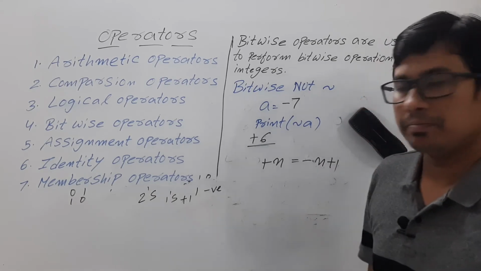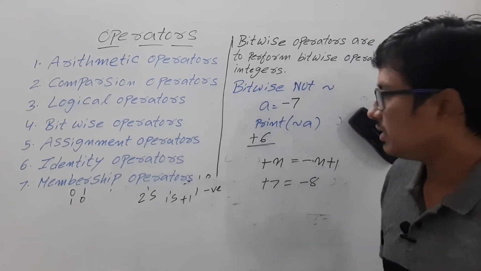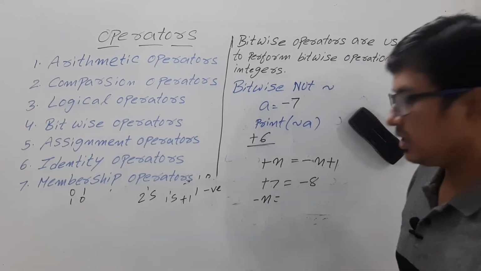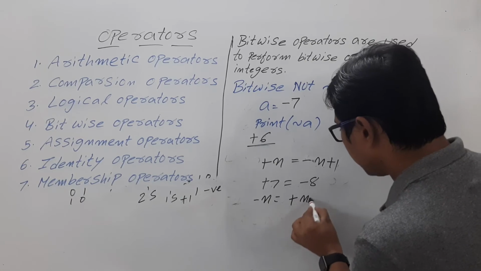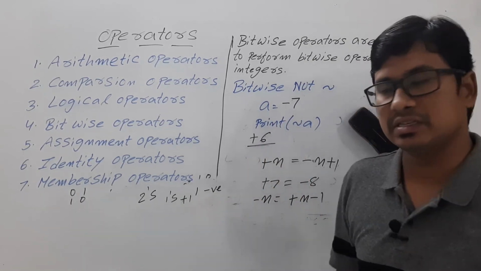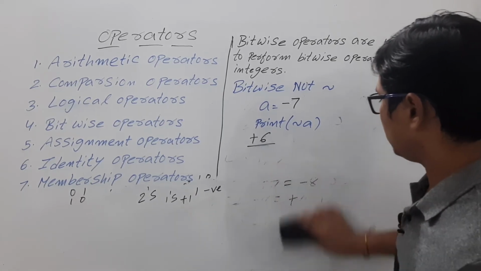Plus 7, we got the output as minus 8. If it is a negative number, you will get plus n minus 1. That is why minus 7, you got positive 6. So this is the way the bitwise NOT operation will work.